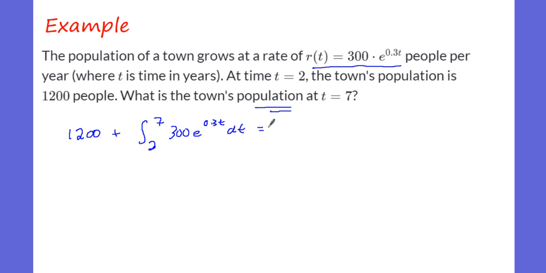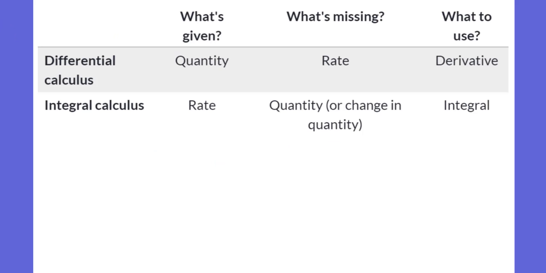If I do this, I end up getting 7,544 people. This is kind of like the displacement, or how much we changed from 2 years to 7 years. We started with 1,200, which means now we're left with about 7,500 people in the town, because the town was growing at that rate.